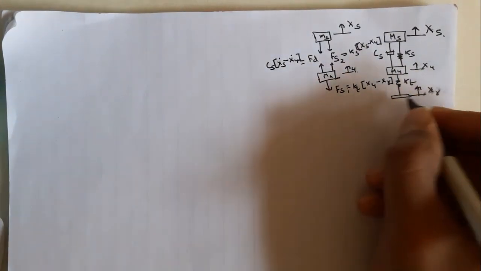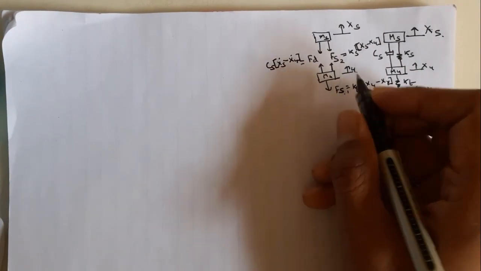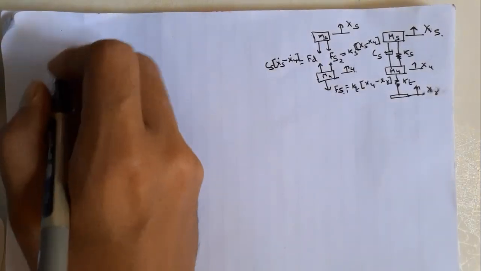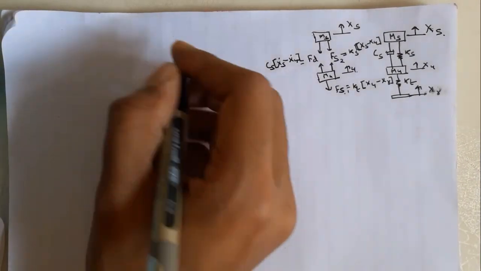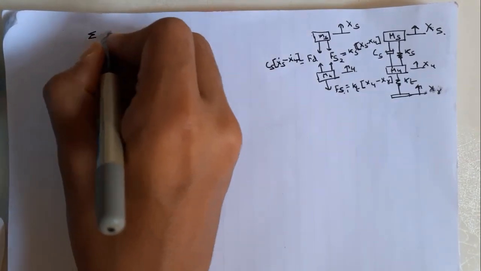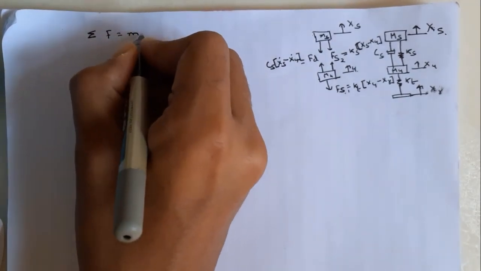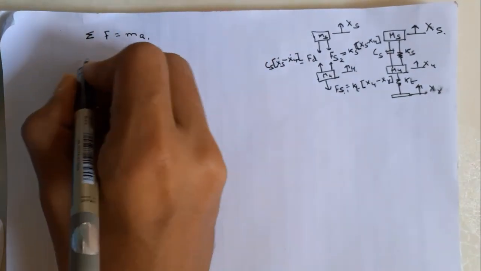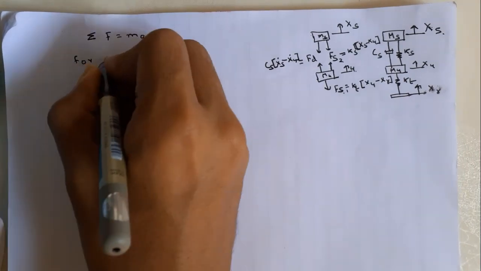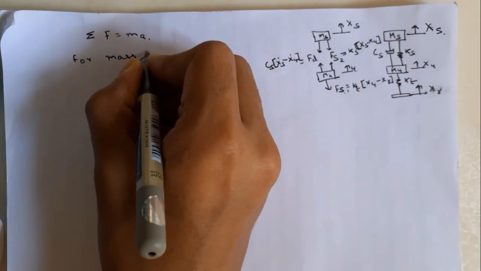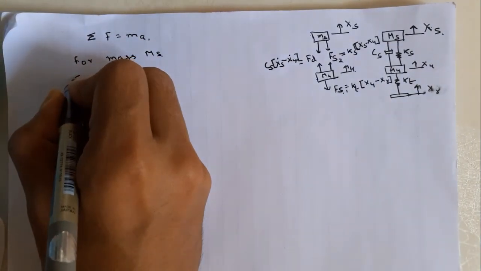After making the FBD of this, we will use Newton's second law of motion and derive the equation that I showed you earlier. So if sigma F equals ma, we will firstly use it for ms, that is the sprung mass.